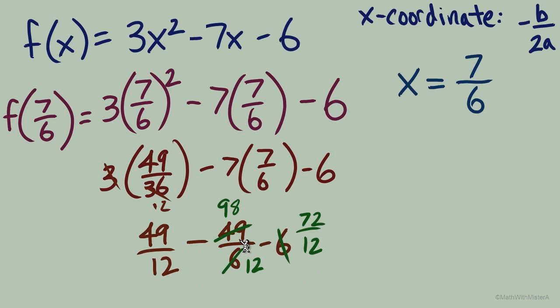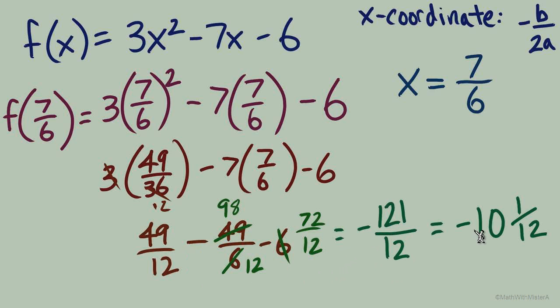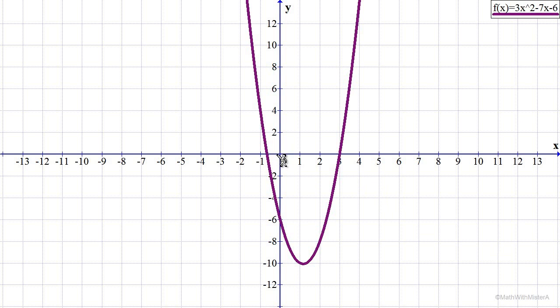Let's subtract across these numerators to equal negative 121 over 12. As a mixed number, negative 10 and 1/12. So that should be the location of that vertex that we saw on the graph. Our x-coordinate is 7/6, the y-coordinate negative 10 and 1/12. So positive 1 and 1/6 for the x value, and then down to negative 10 and 1/12.